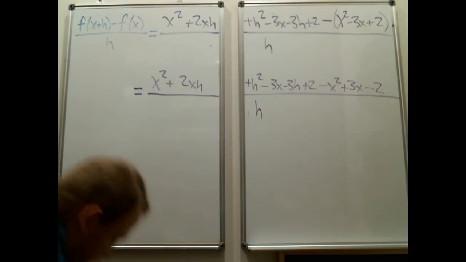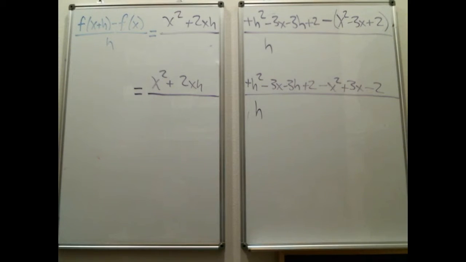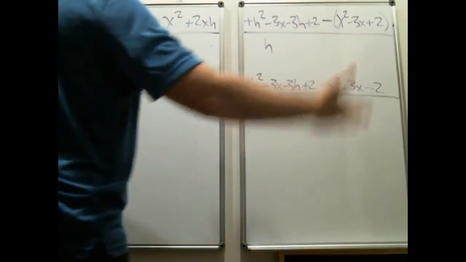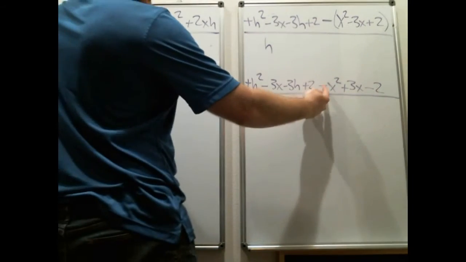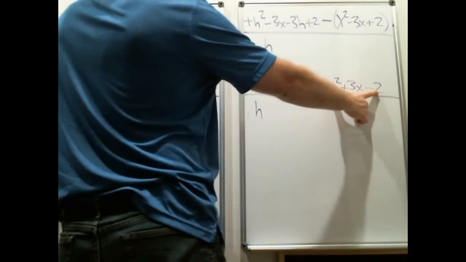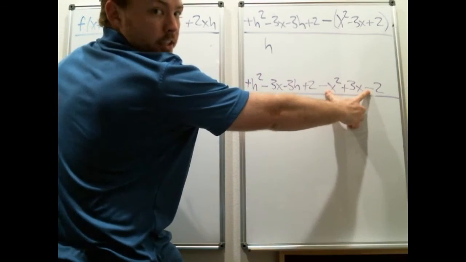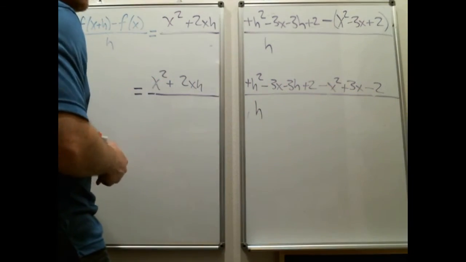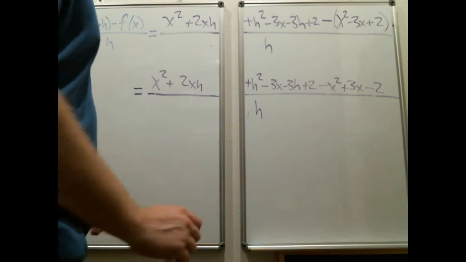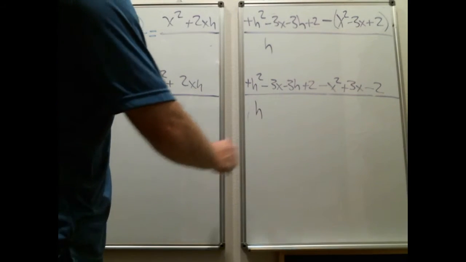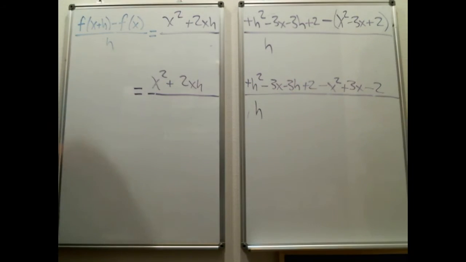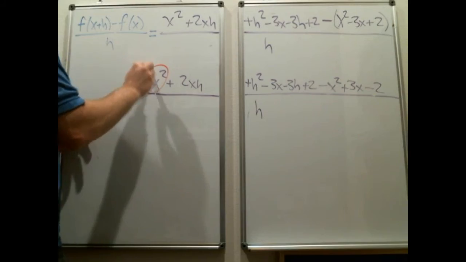Now, here's step number 1 to help check yourself. This whole f of x that we just plugged in, this x squared minus 3x plus 2, and now we distribute that negative. All three of these terms right here should cancel out with other terms in here. So let me show you. Here you have a minus x squared, and here's a positive x squared. So these cancel.